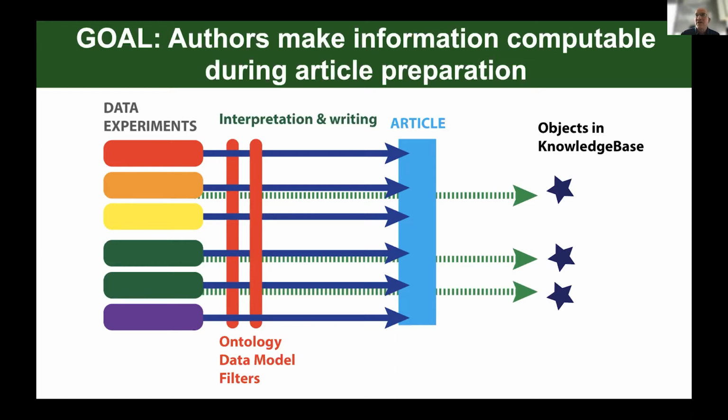So one problem is, as some people have mentioned, and also in a lot of our experiences, that if you interact with journals, it's very hard for them to change their workflow.